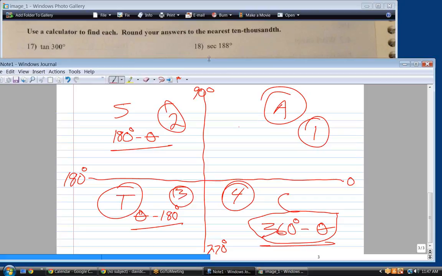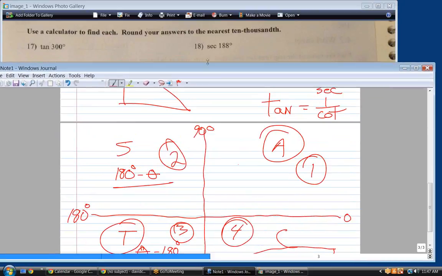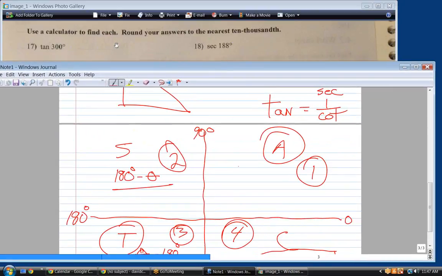For doing these 2 problems with a calculator, your calculator has a tan on it, so you can just type it in. Make sure you're in degrees, not radians. So you can type tan 300 degrees.